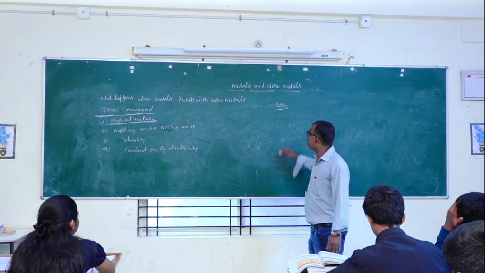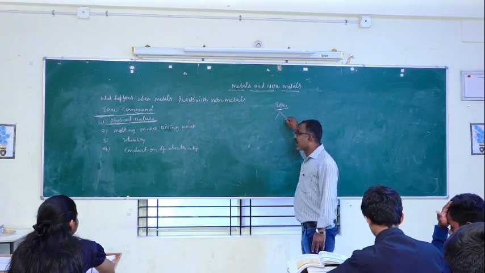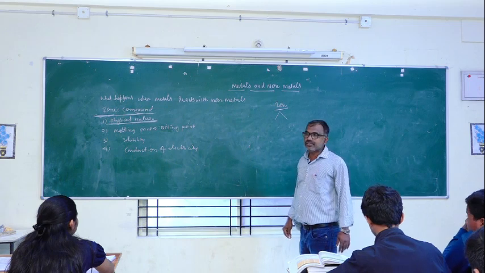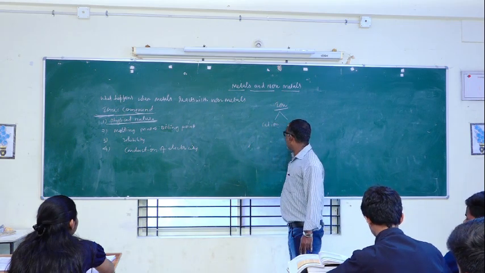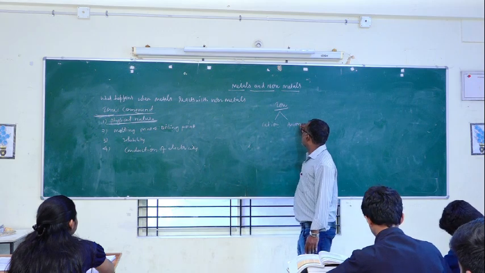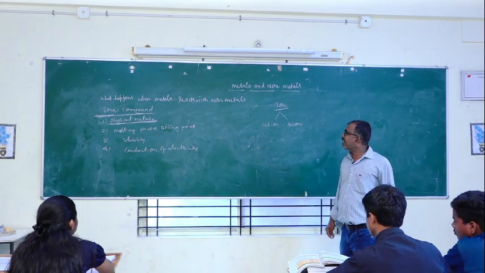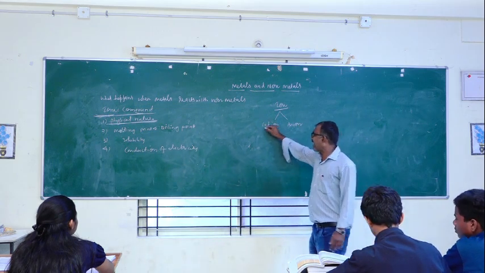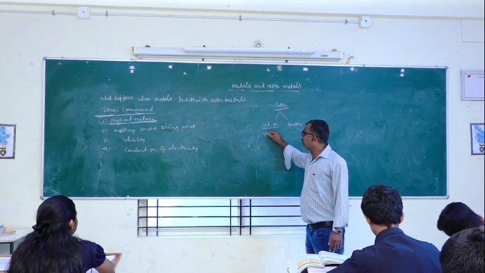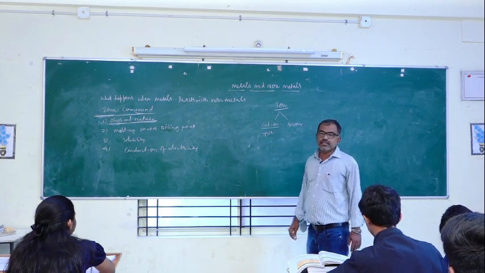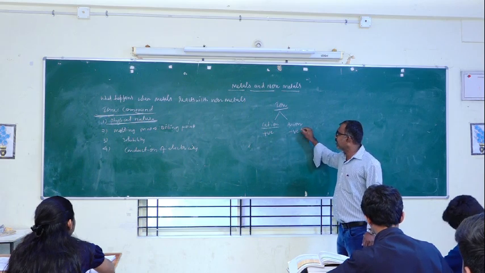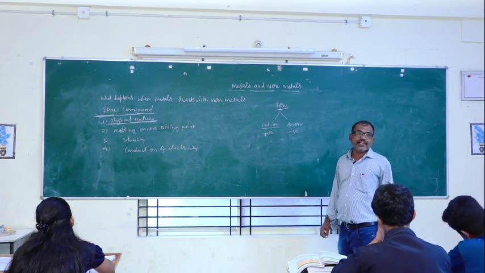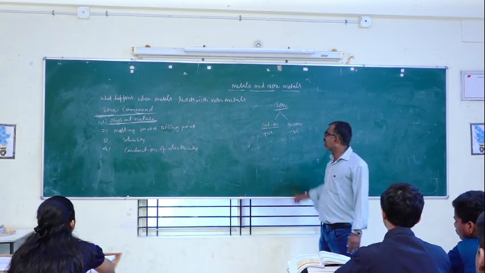Charged particles are called ions. There are 2 types of ions, cation and anion. Cations are positively charged particles, and anions are negatively charged particles. So these are the ions.